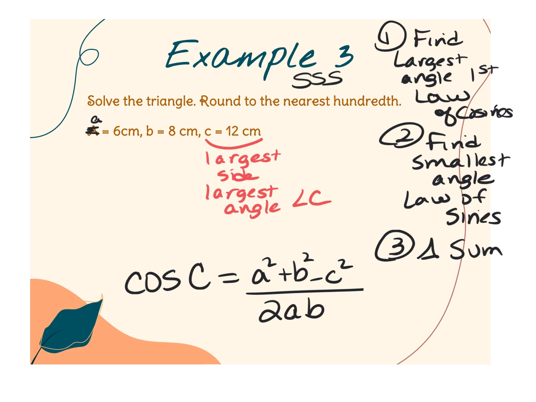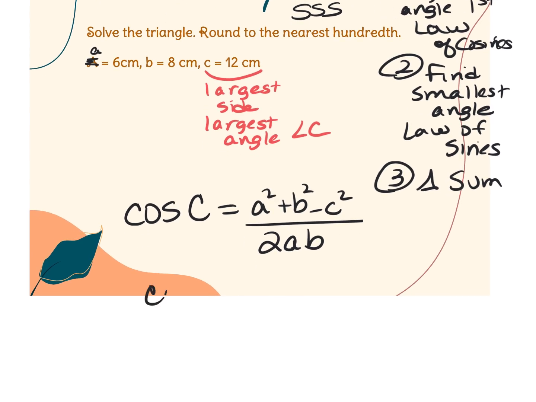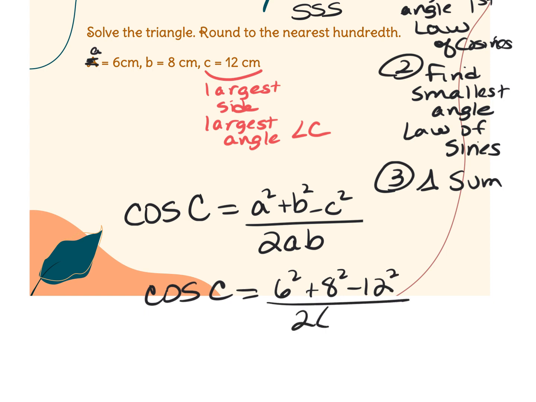And I'm going to fill in my numbers. So cosine of C is equal to 6 squared plus 8 squared minus 12 squared over 2 times a times b, which is 6 and 8.